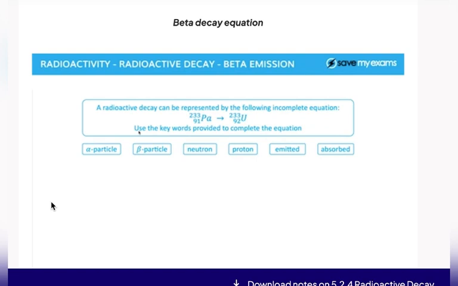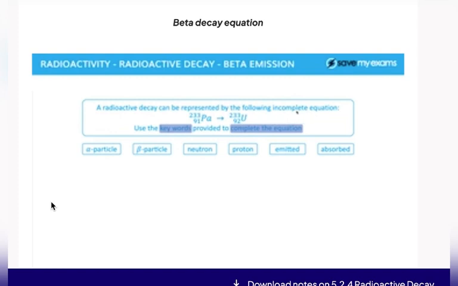Use the keywords provided to complete the equation. We've been given alpha particle, beta particle, neutron, proton, emitted and absorbed. So we need to make a statement out of these words that completes this nuclear equation. So simply we have to complete the equation and we have to use the keywords.